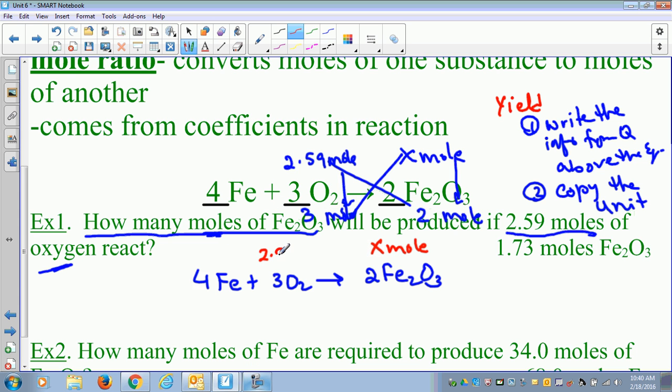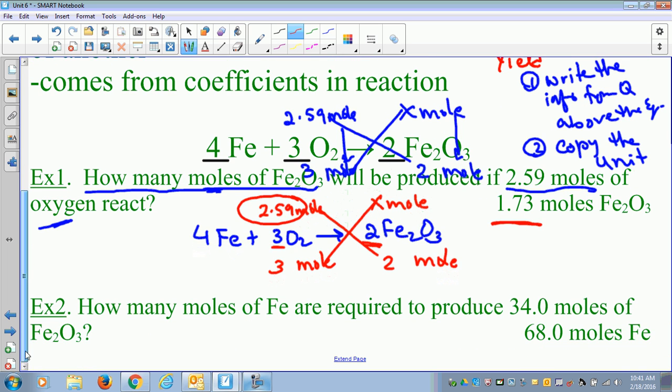Your second step is copy the unit down, because sometimes there are different units that you're working with. It could be moles here and grams here. But right now it's only moles. You have 2 moles right here and you have 3 moles right here. Cross multiply it and that is your answer right here. 3 significant digits, because this is 3 significant digits.